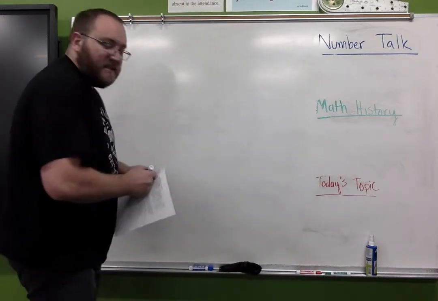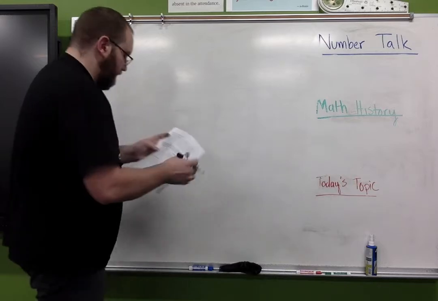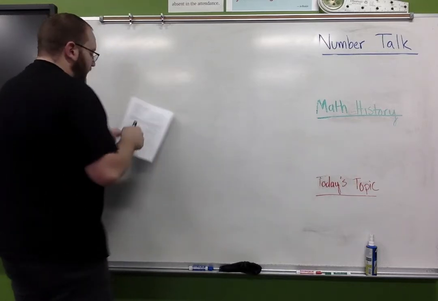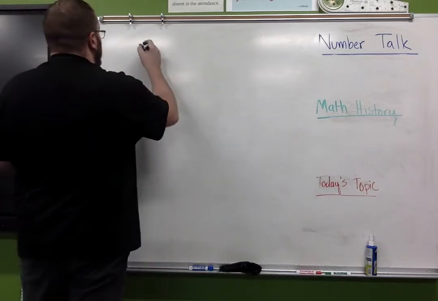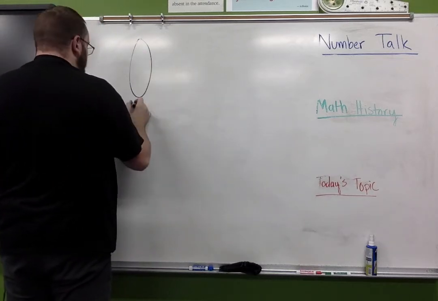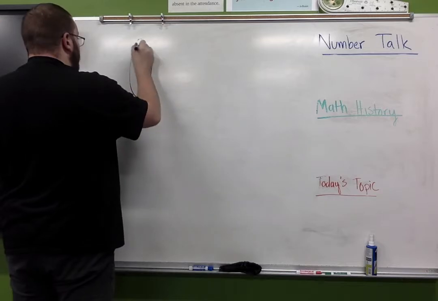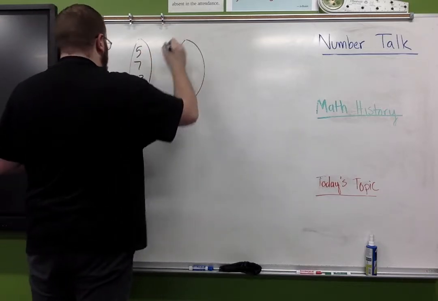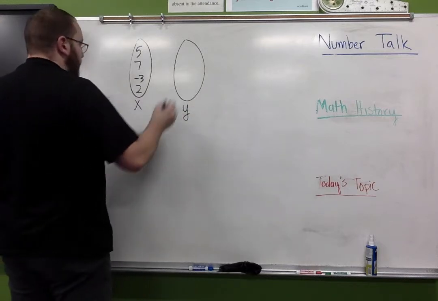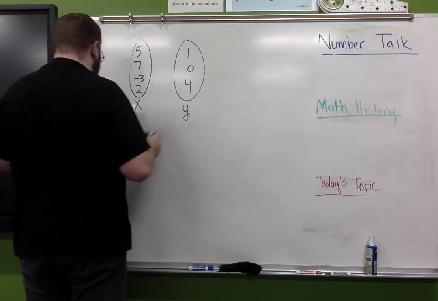So in SM1, you talk about what a function is. So let me draw. I'm going to use these pictures right here. So let's see. I have my x values, the domain. So we have 5, 7, negative 3, 2. And here I have my range, my y values, 1, 0, 4.